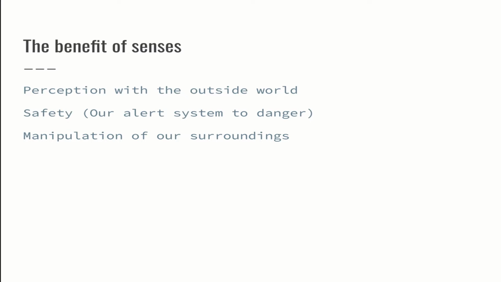It allows us to maintain our own bodily safety. So we have some kind of alerts to possible dangers. And this allows us to manipulate our surroundings. We are able to change the environment around us based on the information we get from our senses.